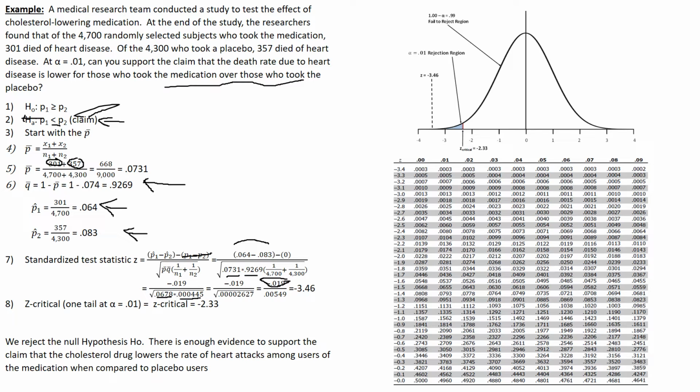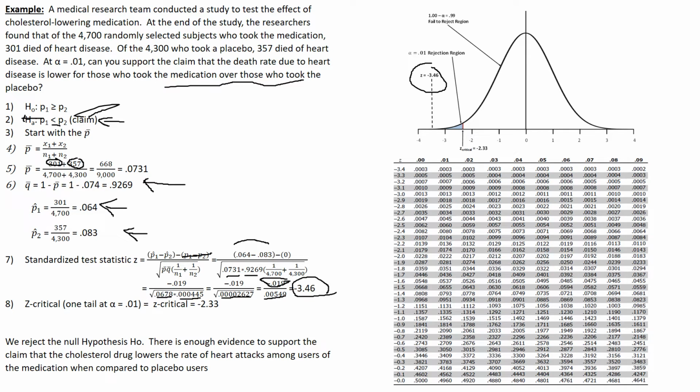When I multiply those together, I get 0.00002627. The square root of that is 0.00549. Negative 0.019 over 0.00549 is negative 3.46. So that's our z-score, and I put that right here.